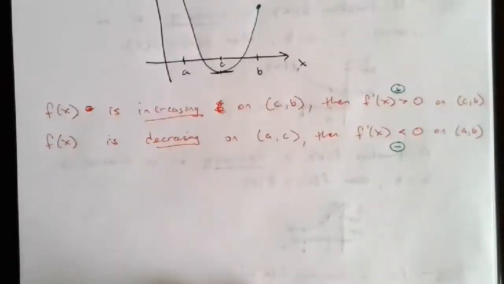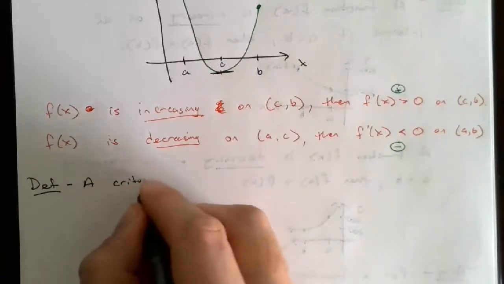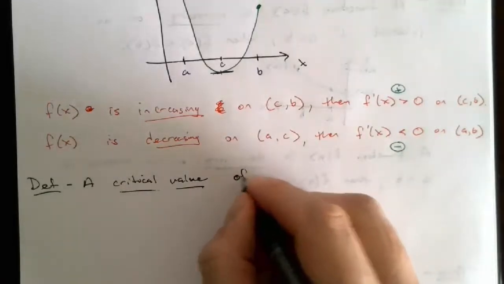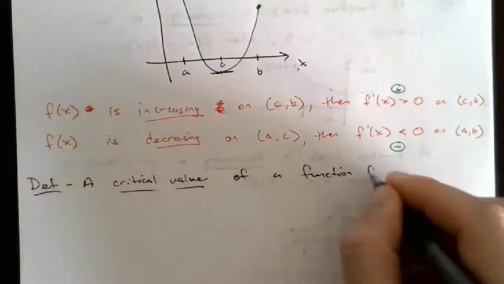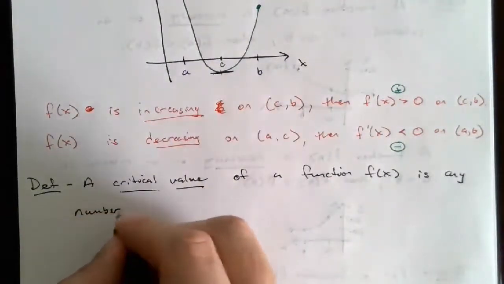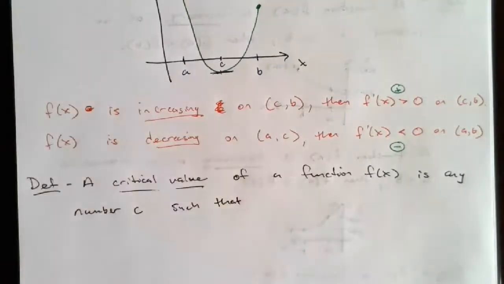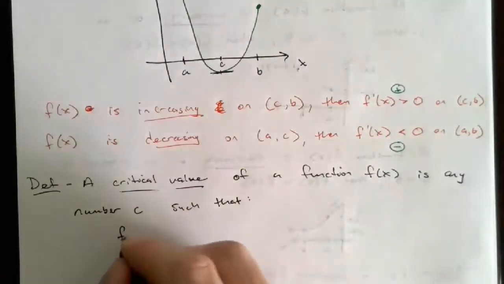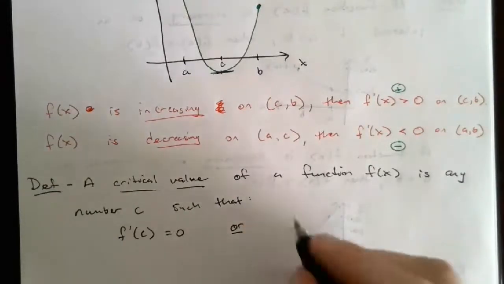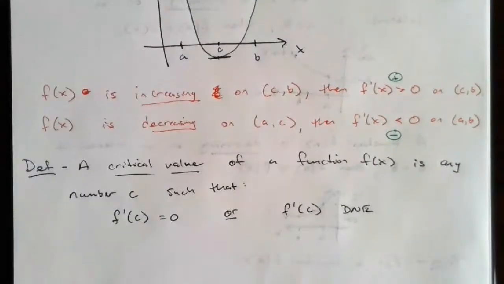And our definition says a critical value of a function f of x is any number, which I'll call c for now, such that, remember this is an x value, either f prime of c equals 0 or f prime of c does not exist. So it's really where the derivative equals 0 or the derivative doesn't exist.